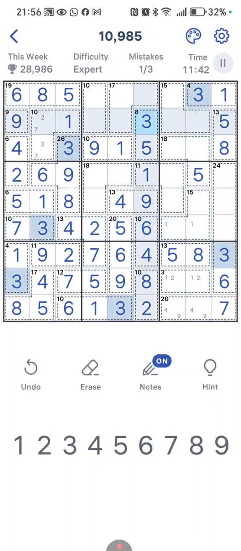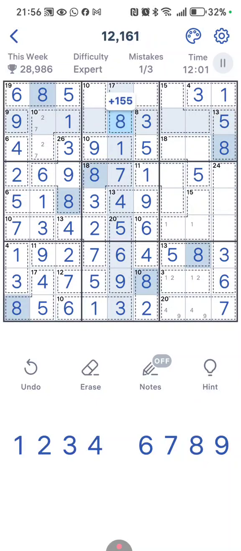2 and then 3. 3 goes here. 7 goes in there, so that's 3. That's 8. 1, 2, 3.